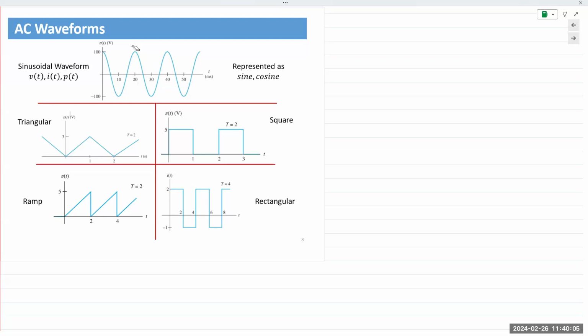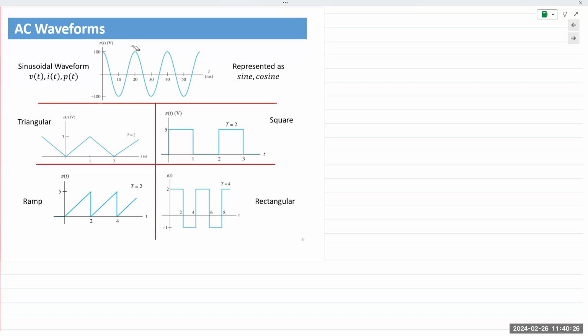More often than not, we are talking about voltages. So if I say an AC signal had a voltage value of, let's say, 5 volts, or I could say an AC signal had a value of 5 amps, they all mean exactly the same, right? Waveform, signal, function, all are talking about AC voltages and AC currents.